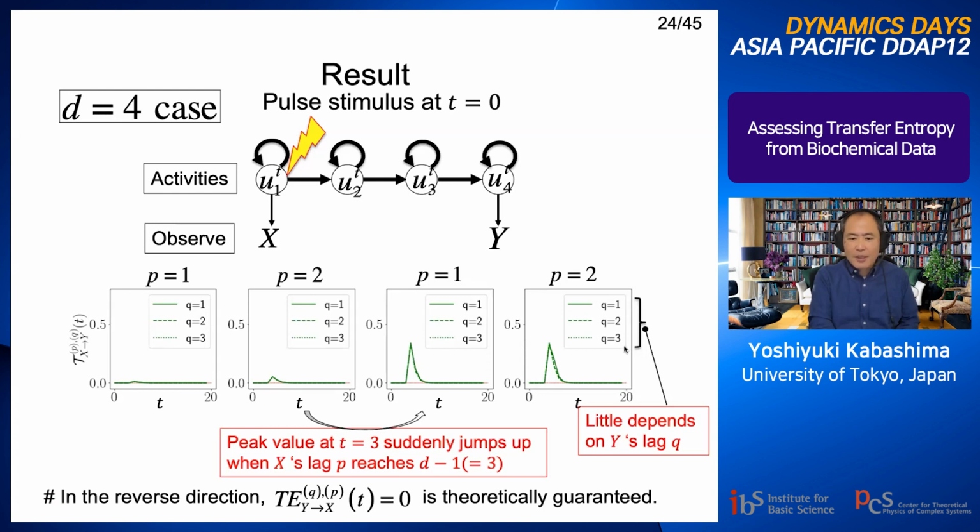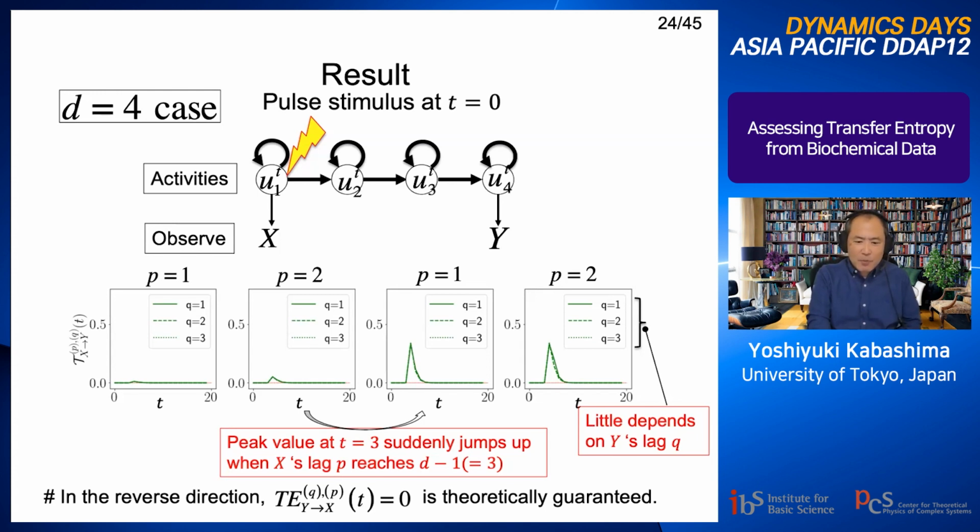The first is that for all panels, there is little dependence on Y's lag Q. Okay, we drew 3 curves here, but they almost overlap, so we cannot distinguish the 3. Okay, this is the first characteristic feature. And the second is the peak value. We can see there is a peak of transfer entropy at t equals 3.